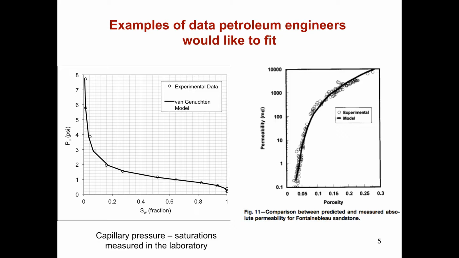Second example is not so simple or nice. This is simply measurements of permeability in various sandstone cores, Fontainebleau sandstone to be precise. So this is one of the nicest sandstones out there. It's nearly completely quartz. There are barely any impurities in there, barely any clay, nothing that throws things off, okay?